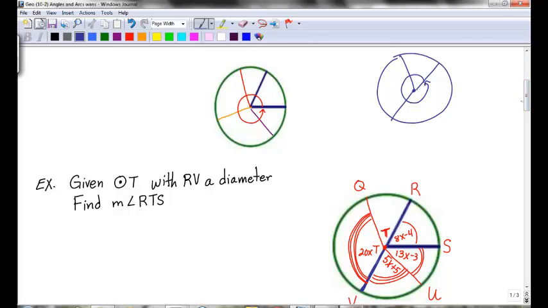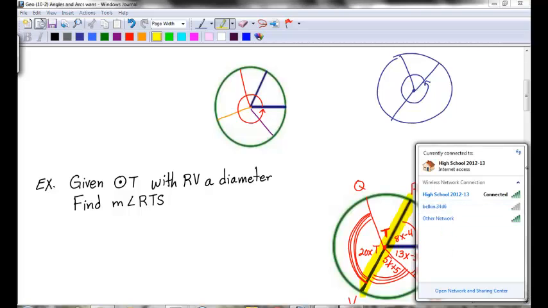Draw a circle and a diameter all the way across. My RV is right here, and they want us to find the measure of angle RTS. They want us to find this angle right here.